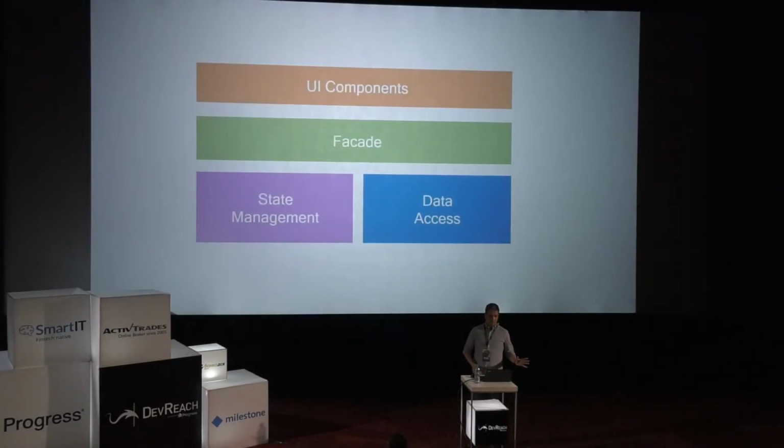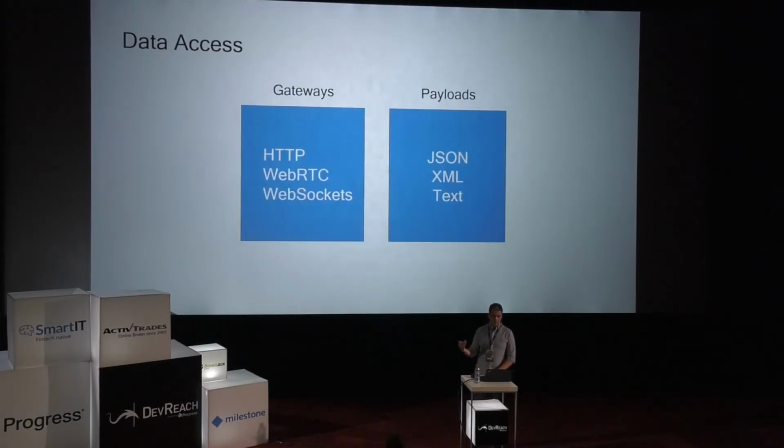So the last part is the data access, and this is the layer where we handle our interaction with remote services. We can have several gateways like HTTP, WebRTC, WebSockets, and we can also deal with different payloads.